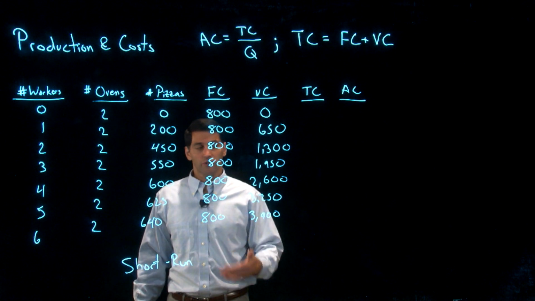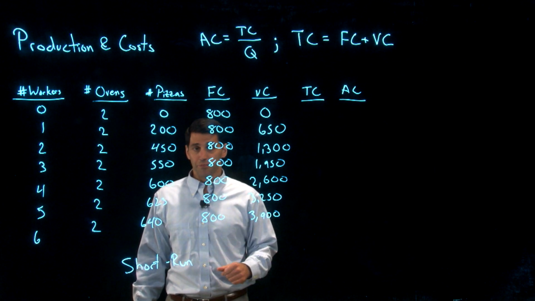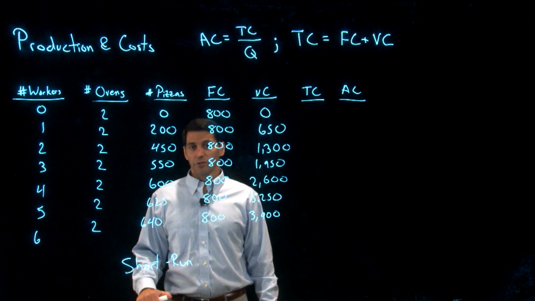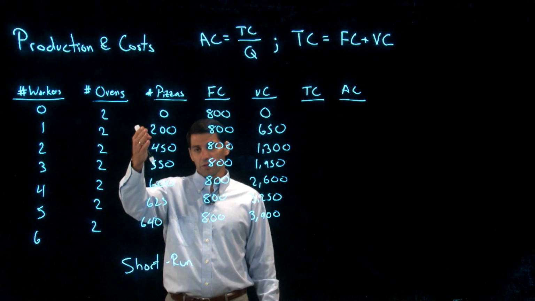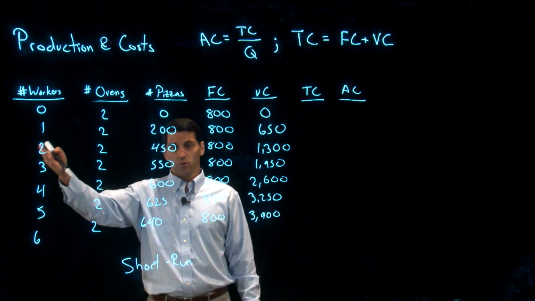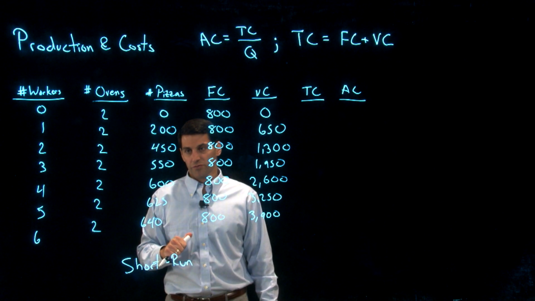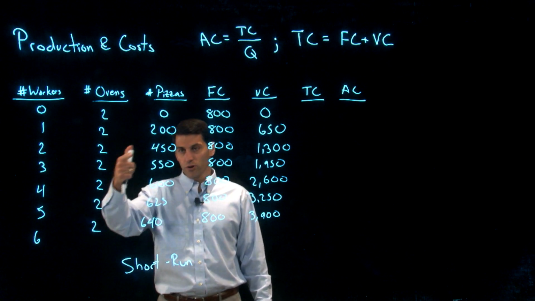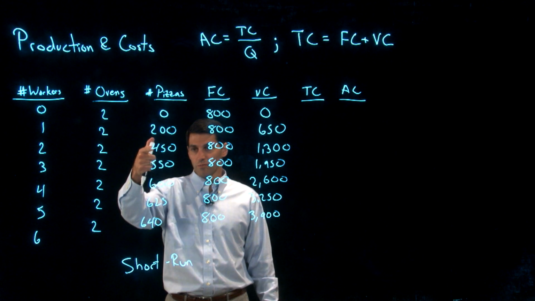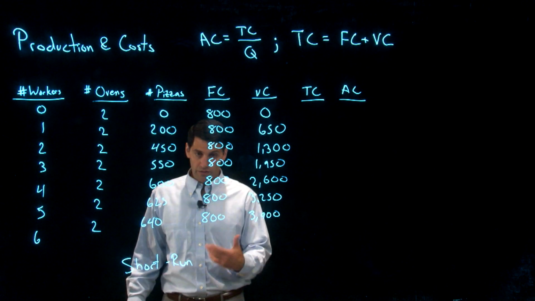So our labor cost here is $650 per worker. If I want to increase the number of pizzas, I can add a second worker, and my output will go from 200 to 450. If I add a third worker, it goes from 450 up to 550, and so on.